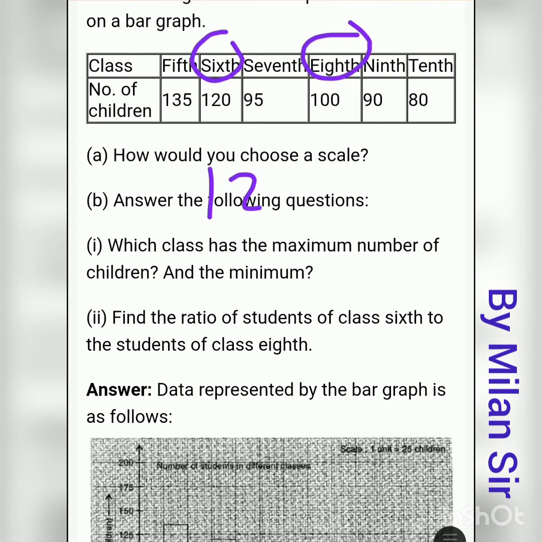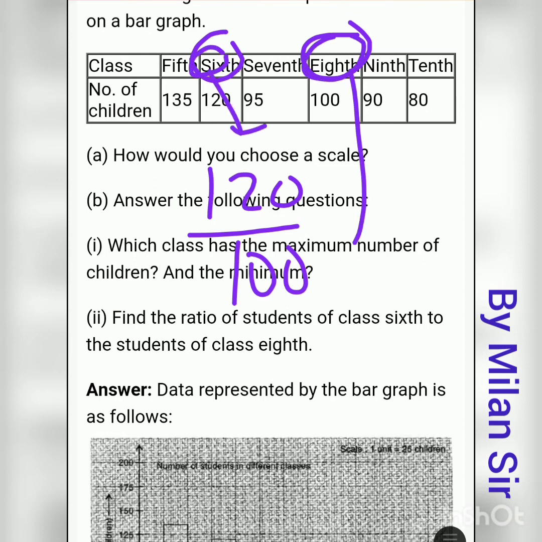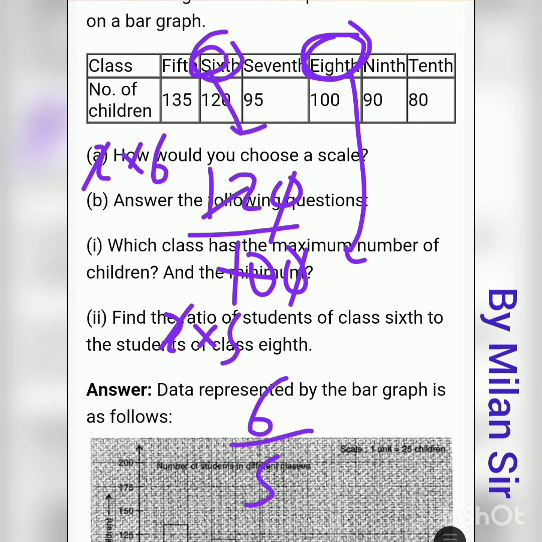So 120 divided by 100. Ratio means division. For 6 it is 120 and for 8 it is 100. Now cut the zero: 12 by 10. Here 2 sixes are 12 and 2 fives are 10, so cutting by 2, we get 6 by 5. This is the ratio.